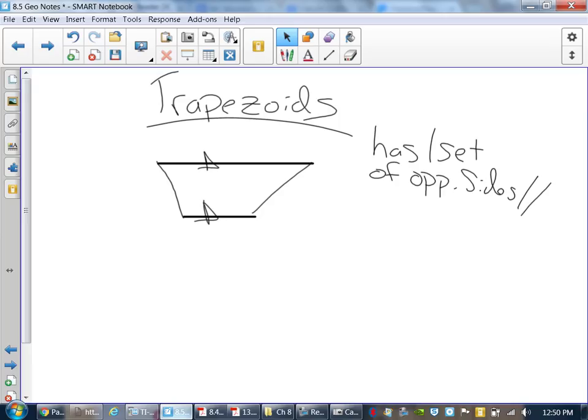What I want you to think of is, remember back in good old chapter 3, parallel lines cut by transversals. I know, a long time. When you had parallel lines cut by transversals, you had all those different angle pair relationships, like alternate interior and so on.